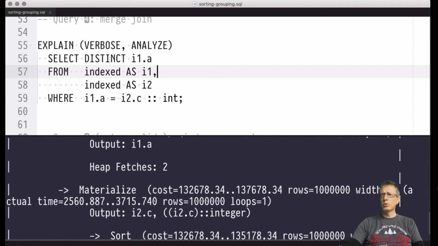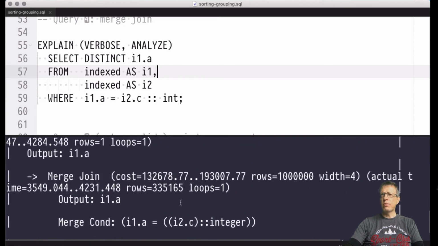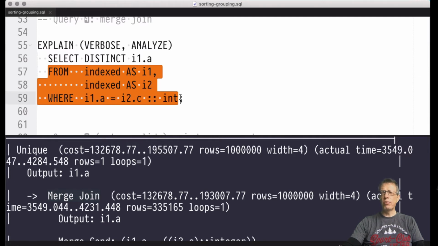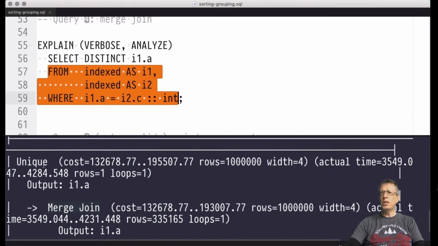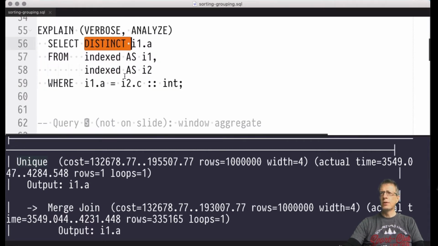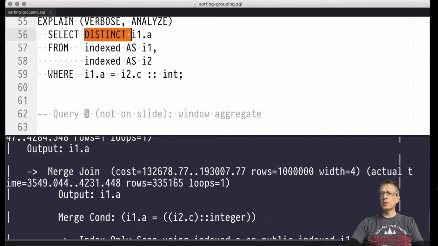So let's scroll to the middle of the plan where we will indeed find the merge join algorithm. So the core of the plan in this case is the join operation, which takes care of all of this part of the SQL query. The unique on top here is only some post-processing that will take care of the distinct semantics. Right, but the merge join takes the center stage here.